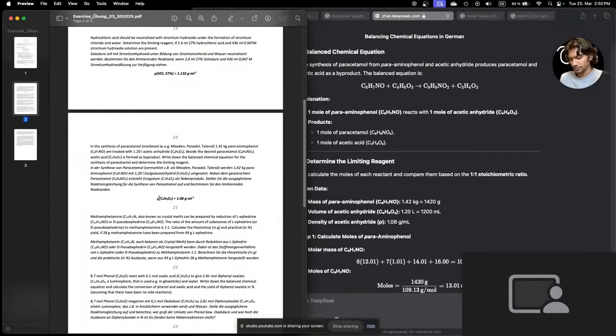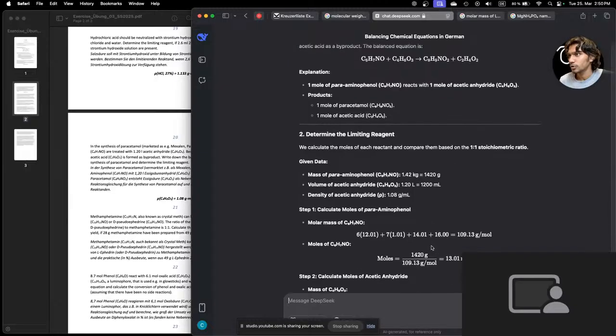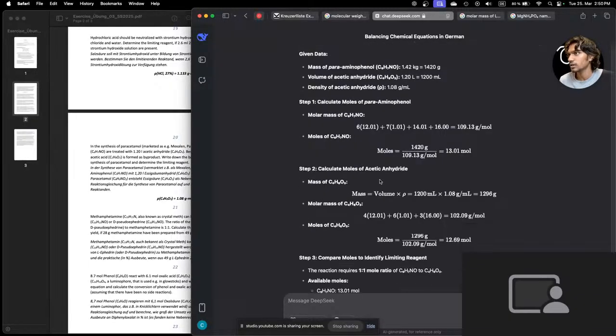In the case of para-aminophenol, you have the mass. Okay, you get the molar mass. Moles equals mass by molar mass. Volume times density gives the mass, mass by molar mass gives moles. Okay.